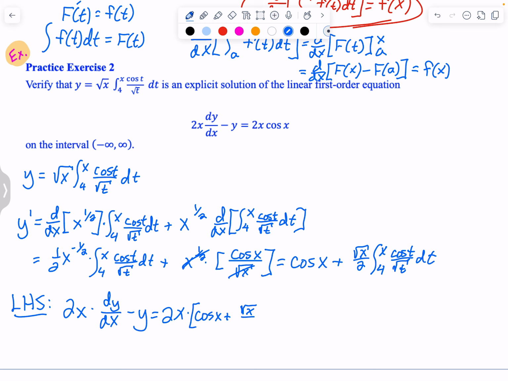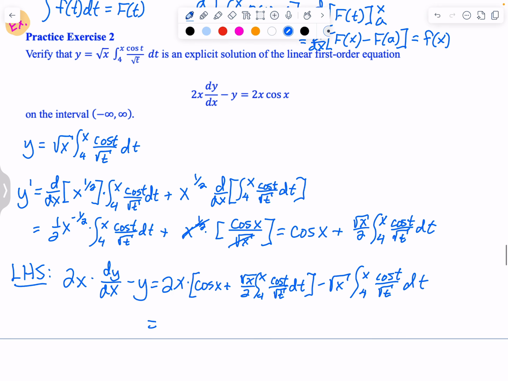Square root of x over 2, the integral from 4 to x of that integral, and then minus, and then it's just the integral with the square root of x out front. And that dt on the bottom would make things very interesting.